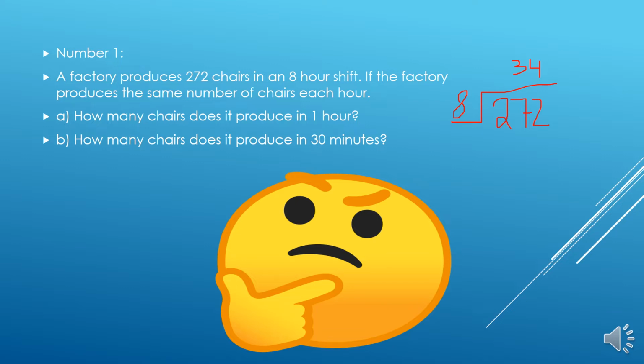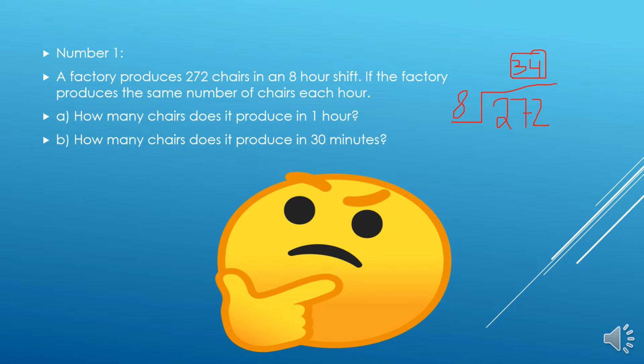Now, how many chairs does it produce in 30 minutes? If the factory produces 34 chairs in 1 hour, in 30 minutes, what should we do? How should we calculate it? You just need to remember that each hour consists of 60 minutes. So, in order to find how many chairs the factory produces in 30 minutes, I have to divide the answer I got in part A by 2.